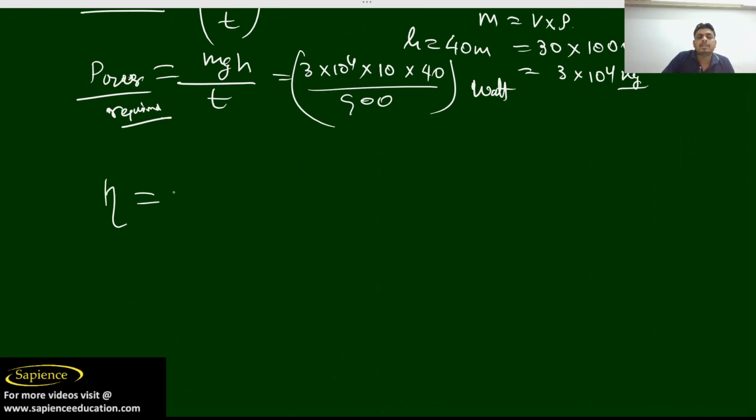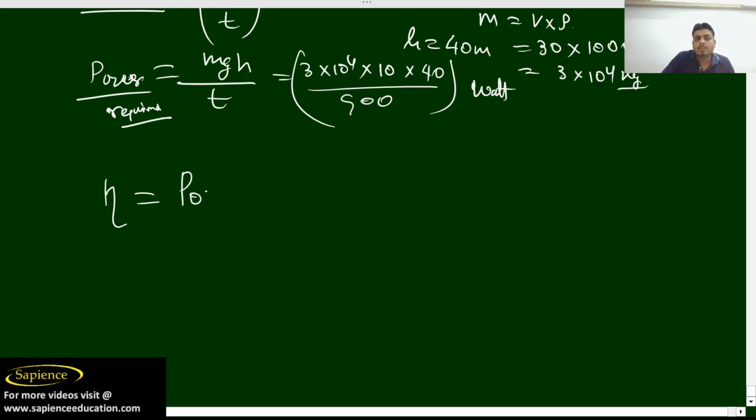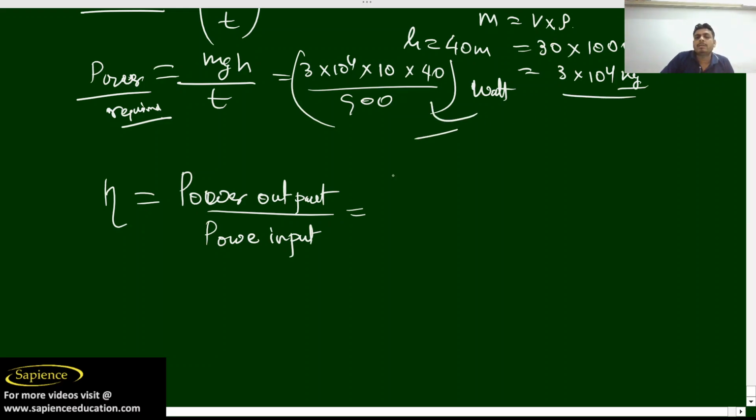Efficiency is equal to power output divided by power input. So power output means what? What is our requirement? This is our power output that is required. Whenever the pump gives such a power, only then can water be lifted to a 40 meter height.